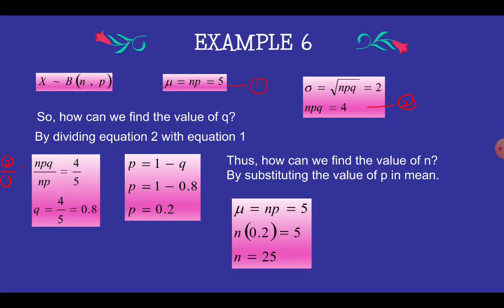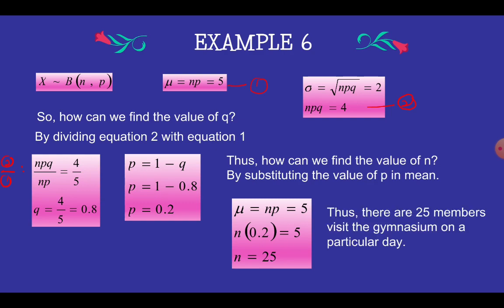So, since our np is 5, therefore n is equals to 25. Okay, simple kan? It is easy. You just need to understand the situation and use the formula that's involved. Okay, so we can say that there are 25 members visit the gymnasium on a particular day. Okay, simple.